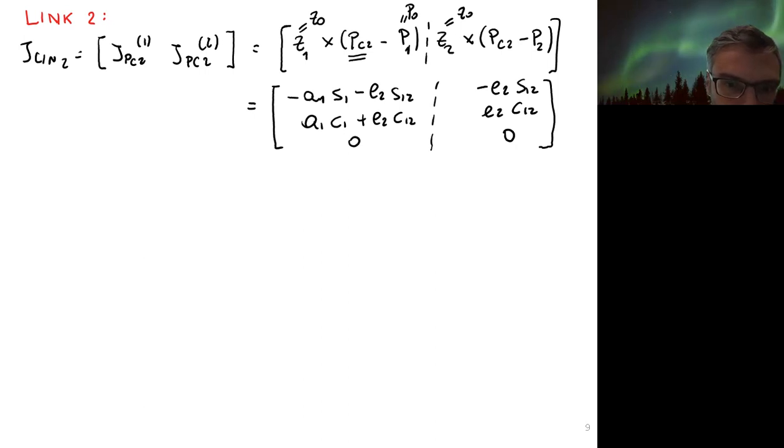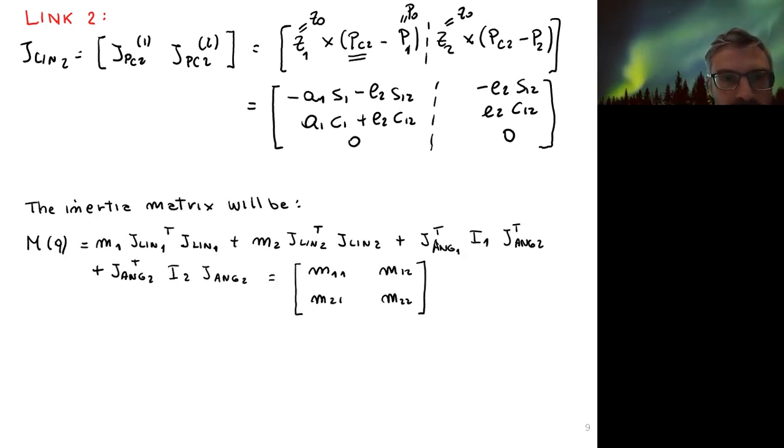Then if we use this in the formula we presented, we have both the linear Jacobian for the two links and the angular Jacobian.